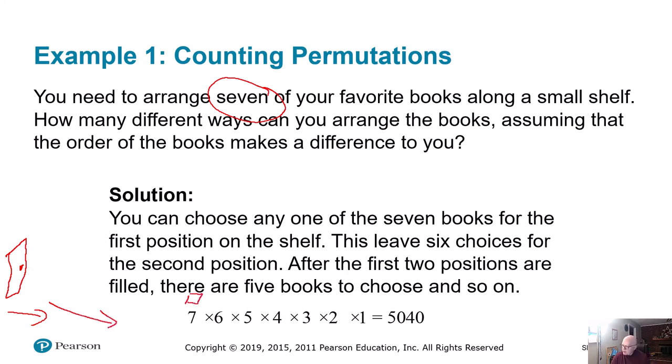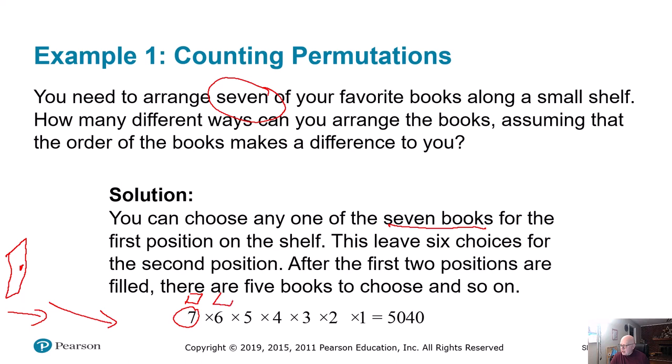This book they see first. Well, how many books could be in that first position? 7 different books could be there because you've got 7 books to choose from. However, once you've chosen that book, it's in the first position. End of that story.